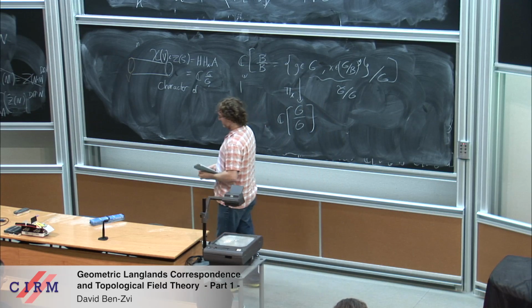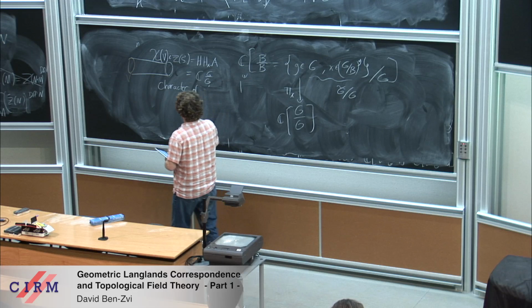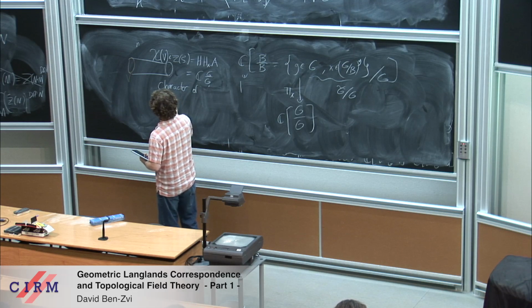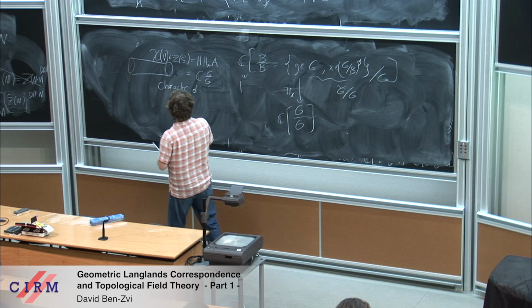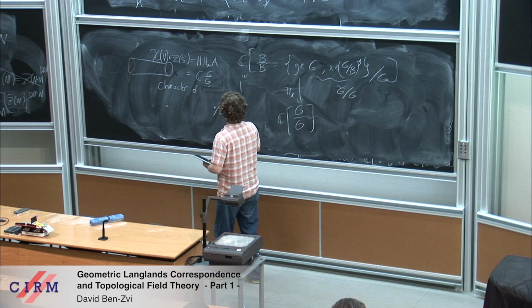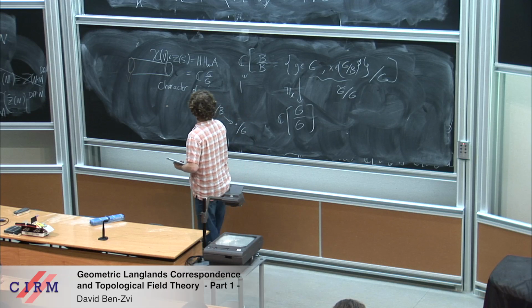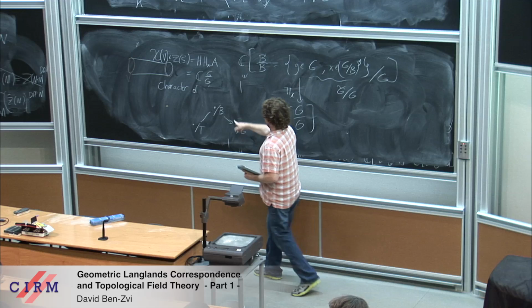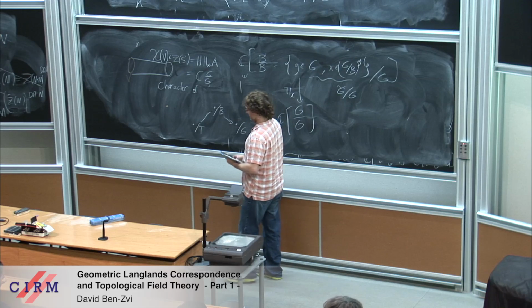If we want to maybe beat this example to death, we can also think about domain walls in the same picture. Instead of thinking of point mod B on its own, suppose B is a subgroup of G with quotient T, for example.